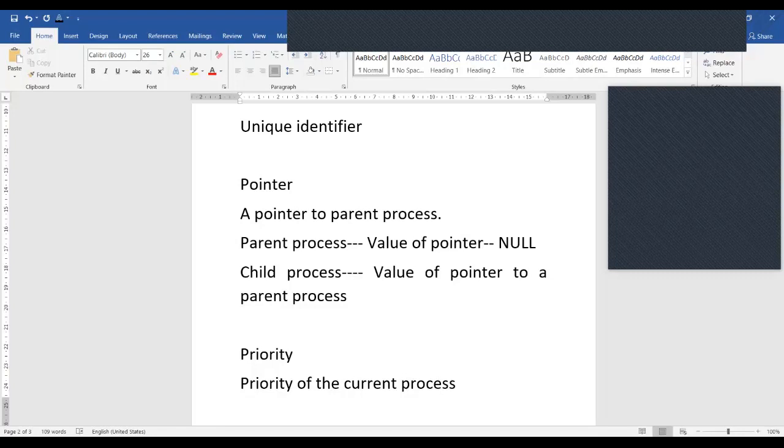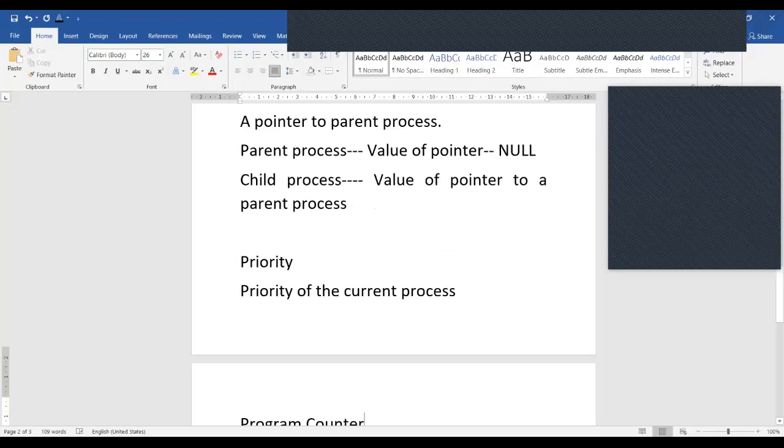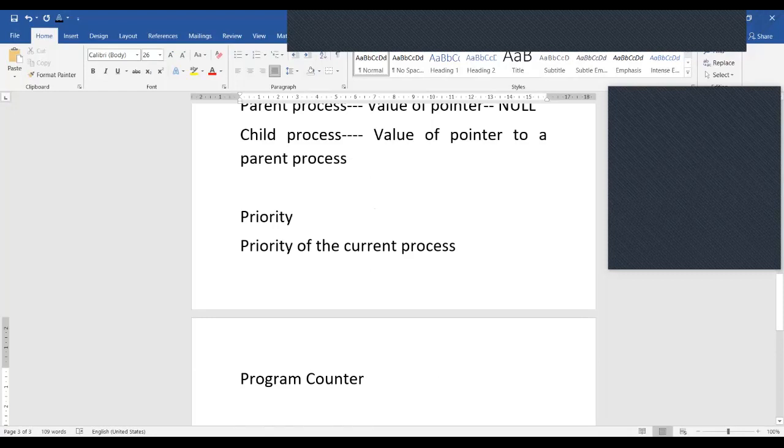Now, what was the next field? Next field was program counter.